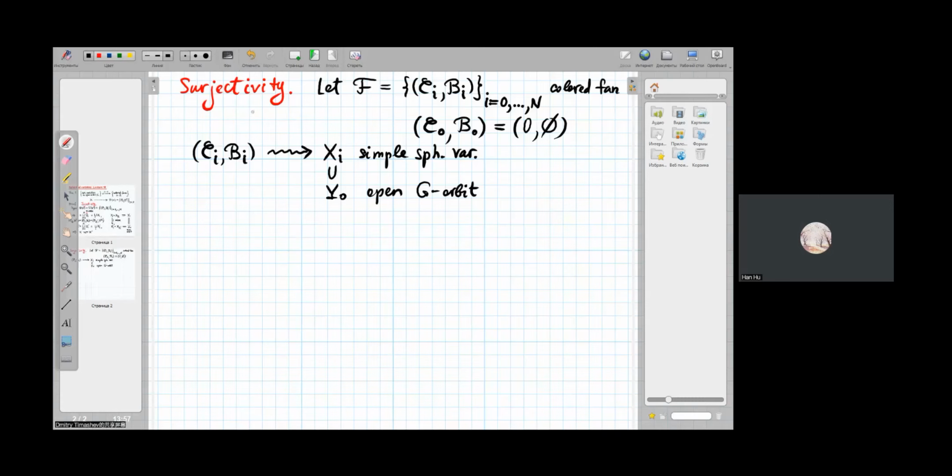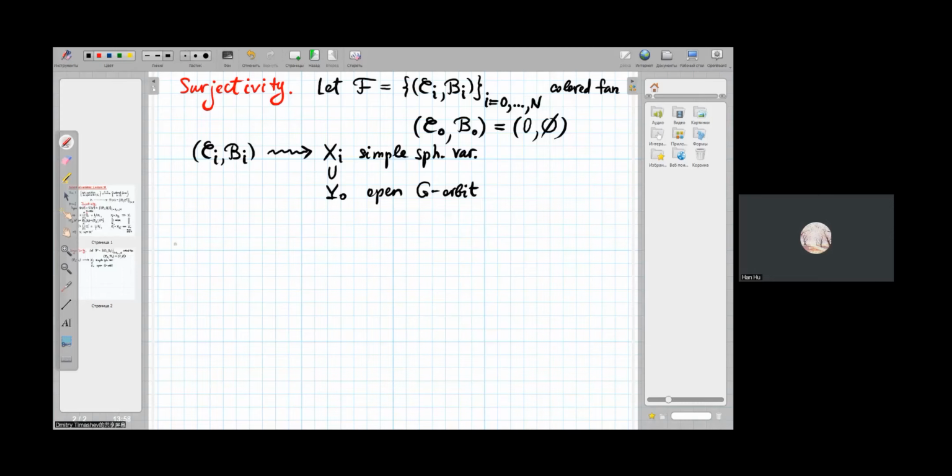So we have these finitely many simple spherical varieties. And now for any pair of indices i and j, we have a unique G-equivariant birational isomorphism from Xi to Xj. So let me write this.